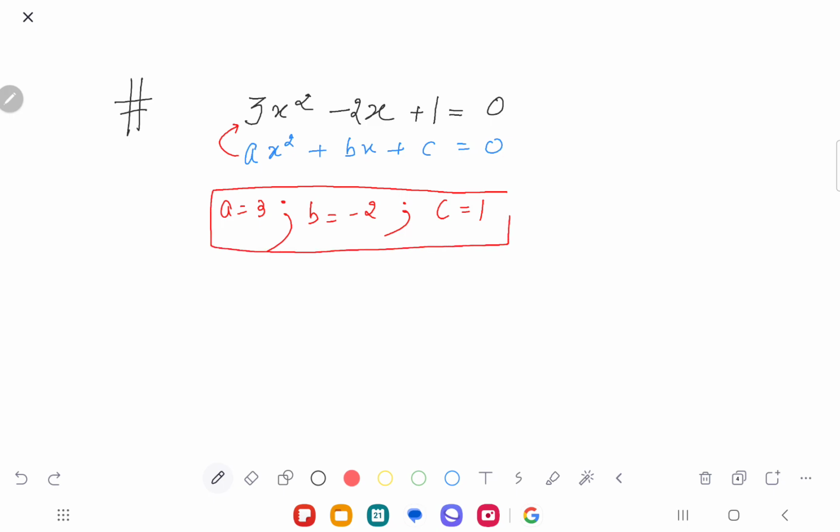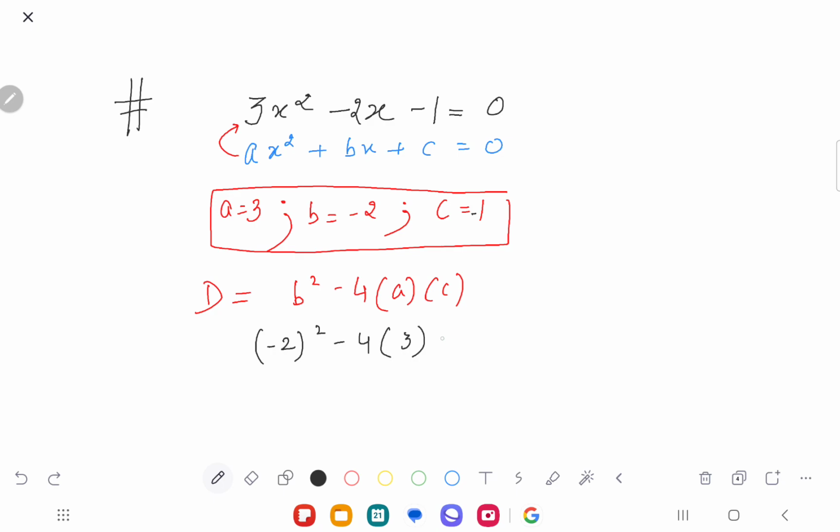Are you understanding? And then what do you have? Tell me. The discriminant, you check it, b square minus 4ac. So b square is minus 2 square, minus 4 times a, a is 3, and c, let's say this equation is this, minus 1. So c here shall be what?